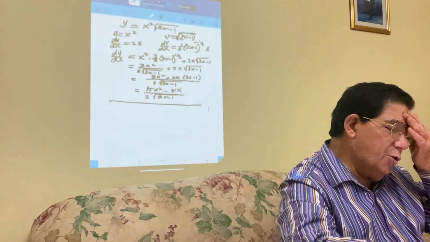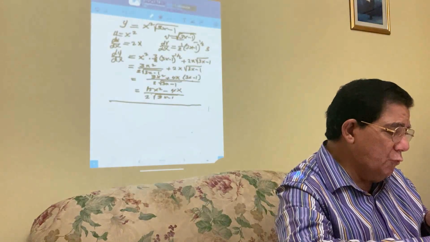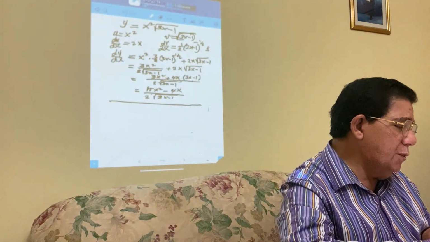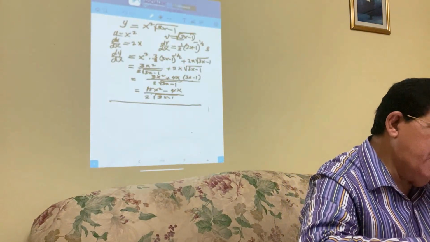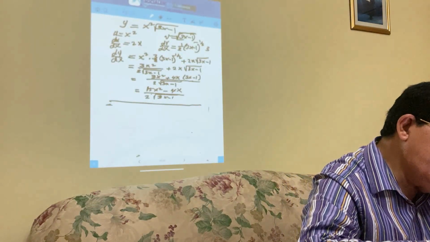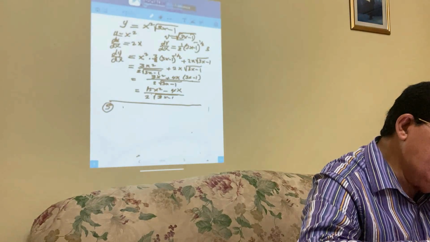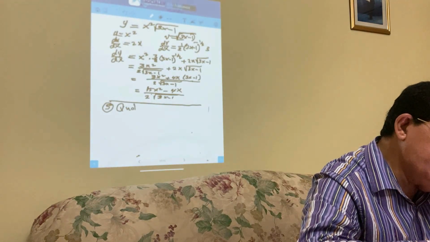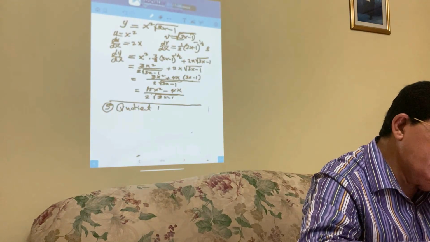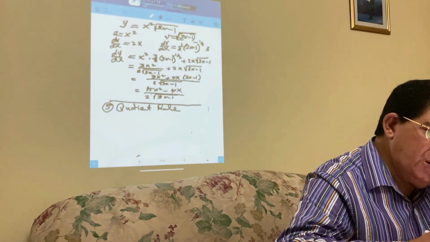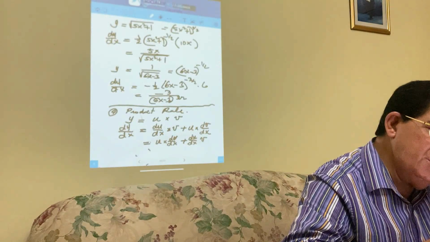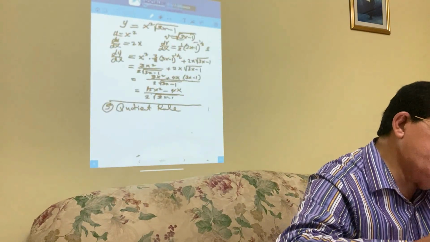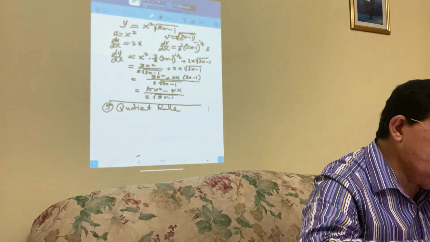We have another rule called the quotient rule, rule number 5. We can go back to rule number 4; this is rule number 5. What is the quotient rule?